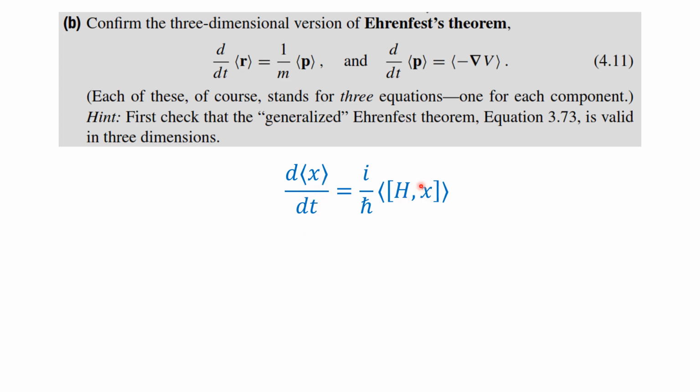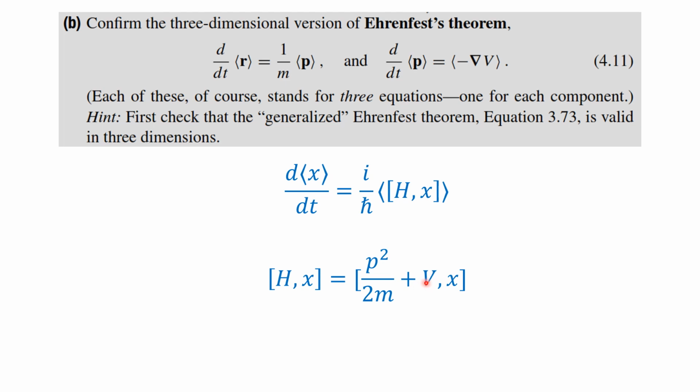Now you try to find only the commutation relation as a first step. That is the commutation of H with x, which is equal to p squared over 2m plus V; we have to find the commutation of this with x.